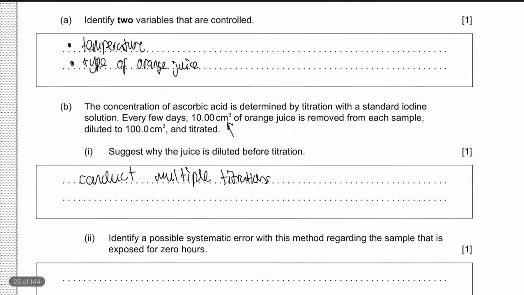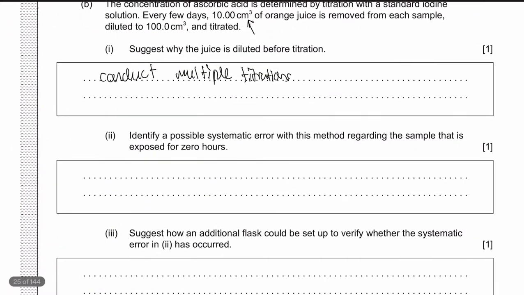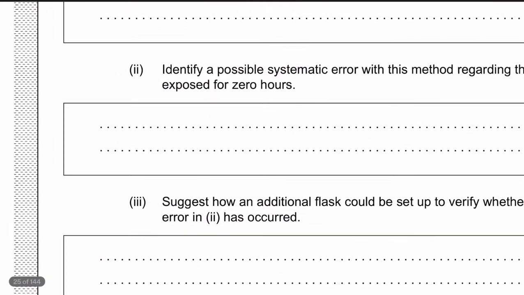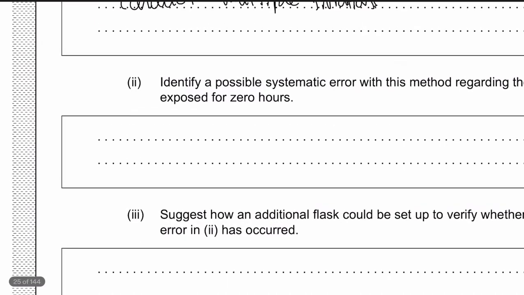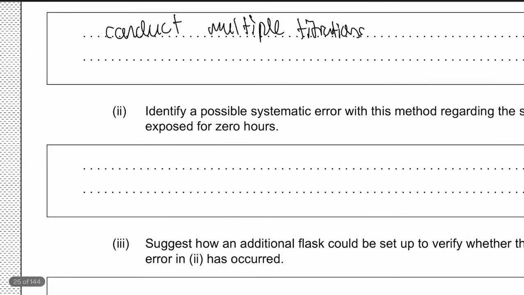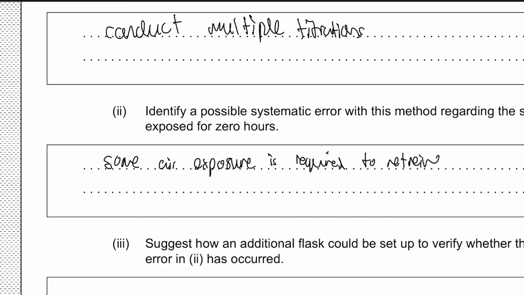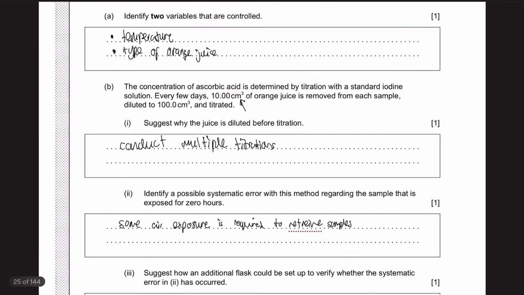But in order to conduct our titration, in order to actually withdraw the sample and investigate it, we have to unstopper the flask, right? So it's going to give it some exposure. So some air exposure is needed to retrieve samples. Yeah, pretty good question.